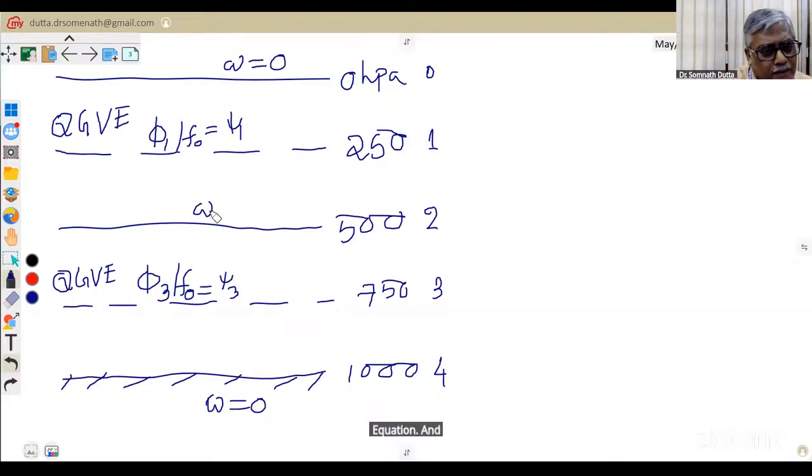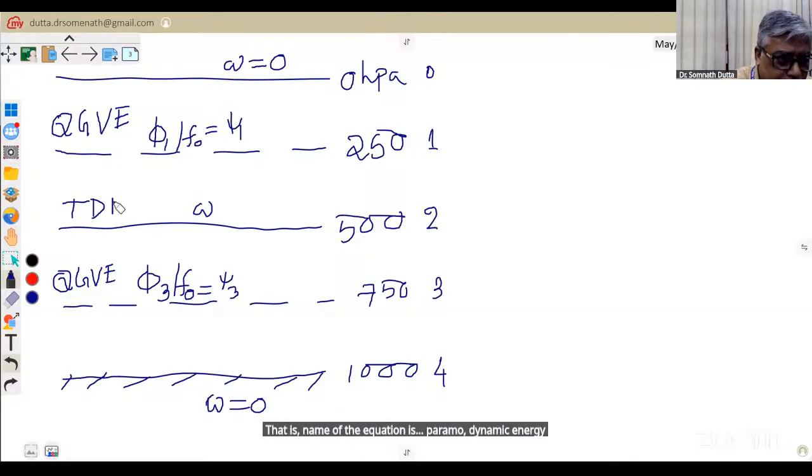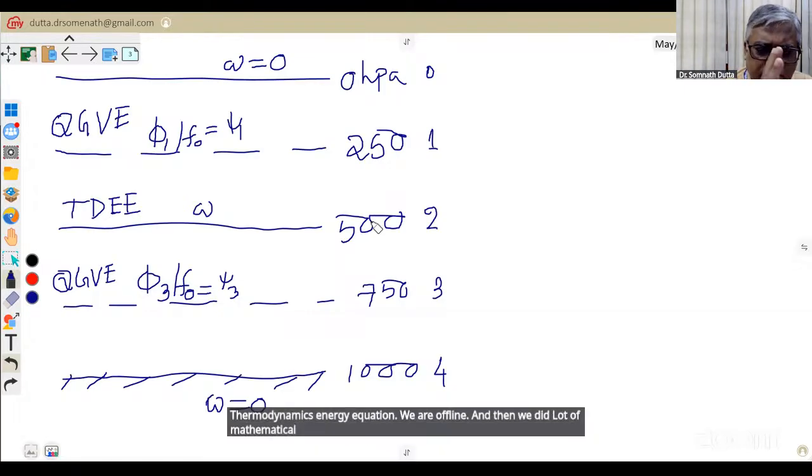And here we are using another equation, the thermodynamic energy equation. Then we did a lot of mathematical analysis, very interesting mathematical analysis actually.